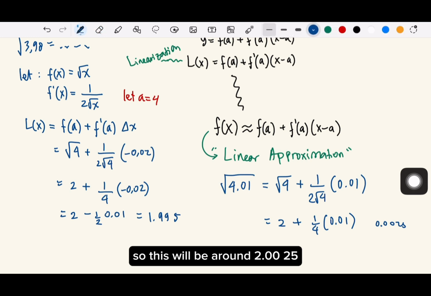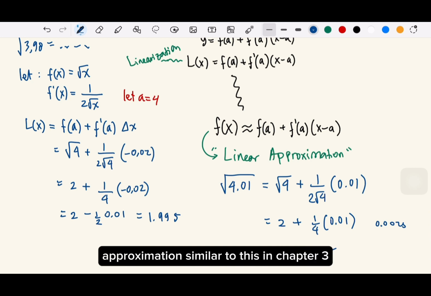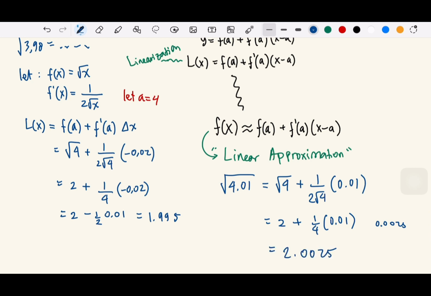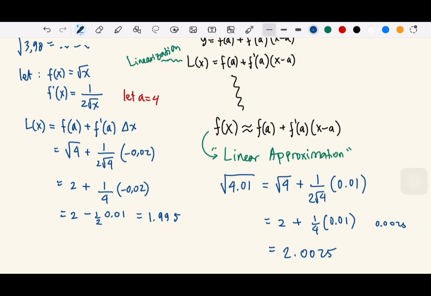So this will be around 2.0025. In chapter 4, actually there is another approximation similar to this in chapter 3. So I think I will give you now just as an introduction how to find it, and then we can review later.